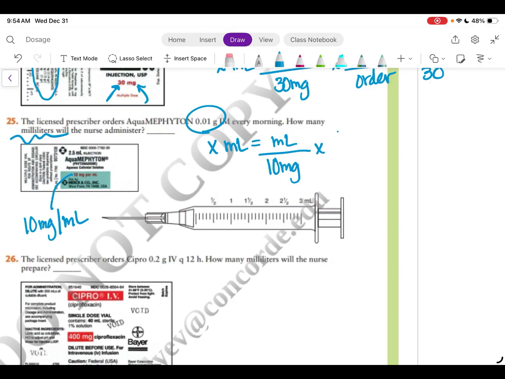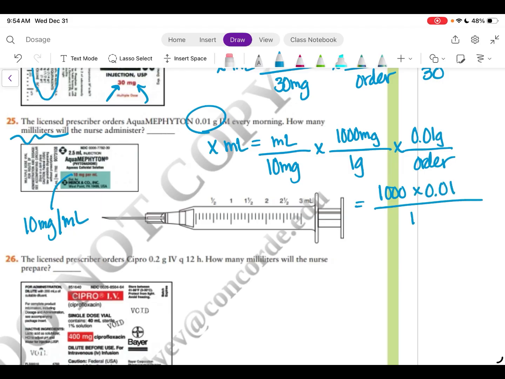Then I have to put in my conversion. So this is going to be 1,000 times 0.01 and then divide by 10. Let's see. Okay. So all of that gets us 1 milliliter as the answer. Okay.